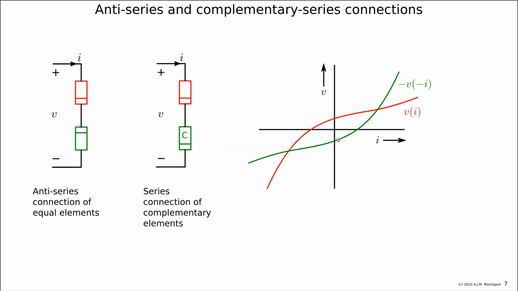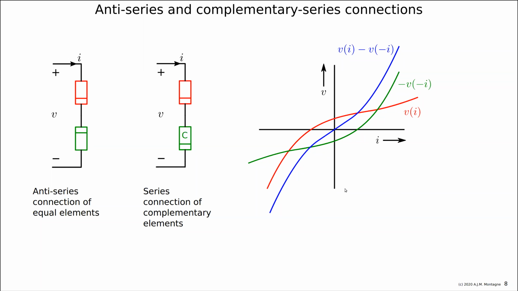But for high positive currents, the green one will dominate, will win at the end. And for large values of negative current, the red one will dominate at the end. So the highest voltage takes over, in fact. And the result looks like this. So here we simply add the voltages of the two things together, and we get the blue line.